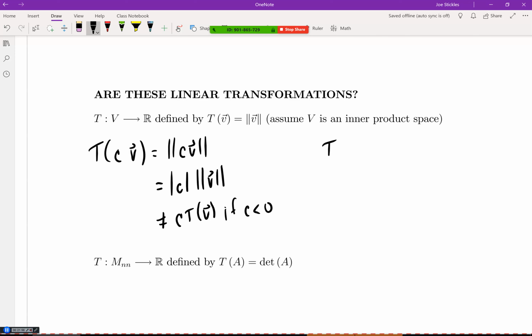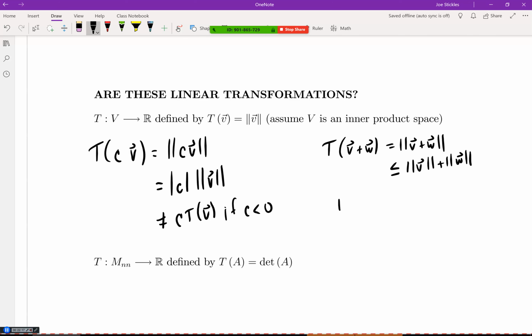We also know that in general, if I do a sum of two vectors and take its magnitude, this is only less than or equal to the sum of the magnitudes. That's the triangle inequality. Remember that as well.